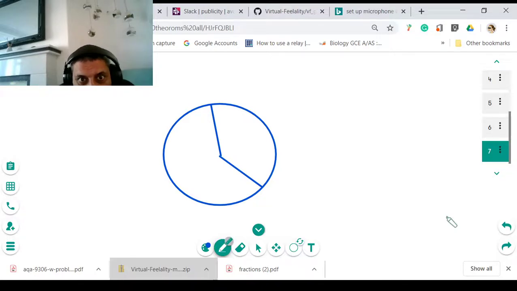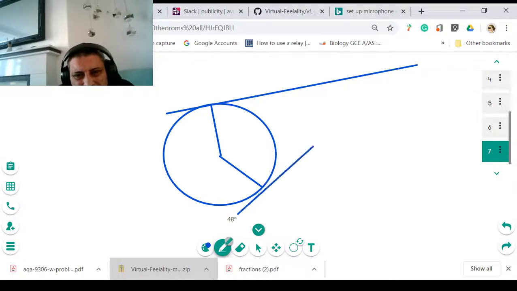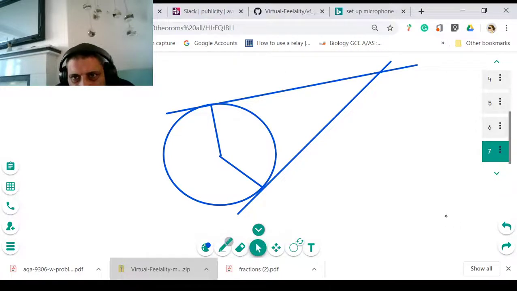These two are radii. And here, it's a real long tangent. I should have made that a little bit shorter, but you get my point. Do you know what? No, you don't get my point. That's not nice. Let's pull that in.